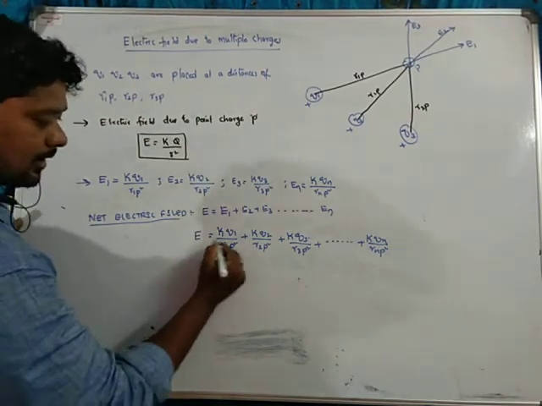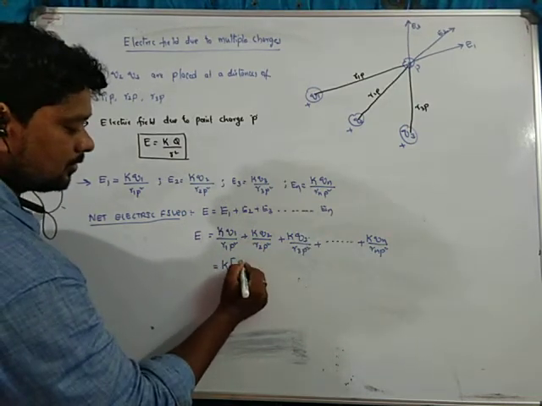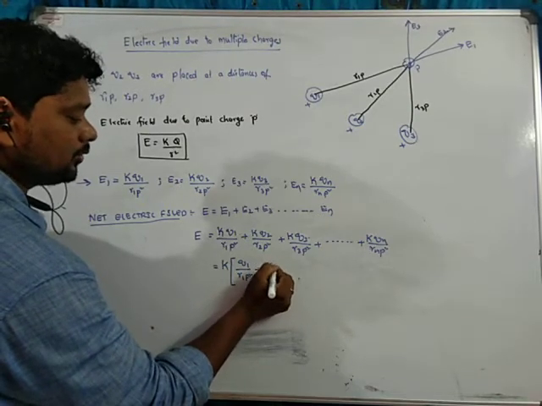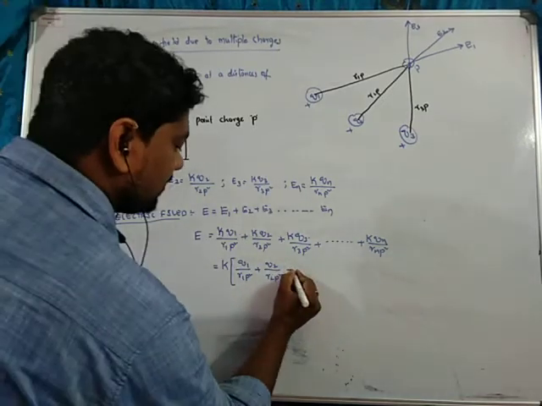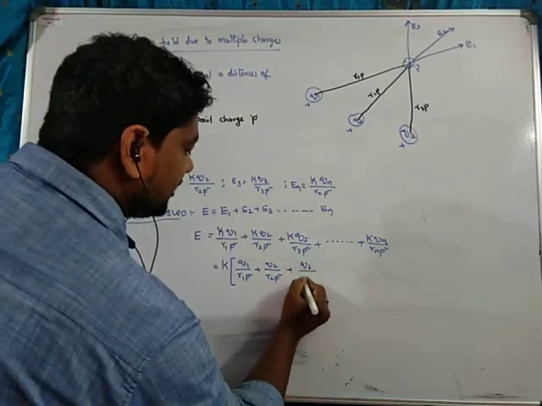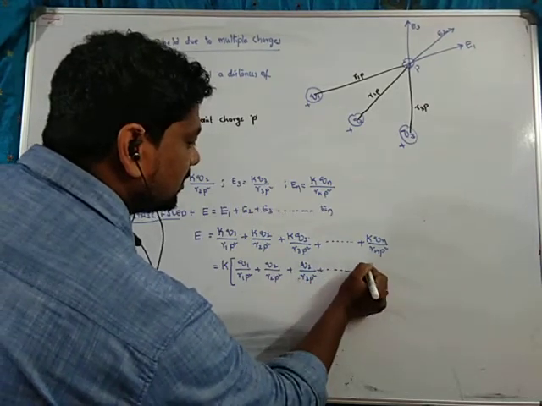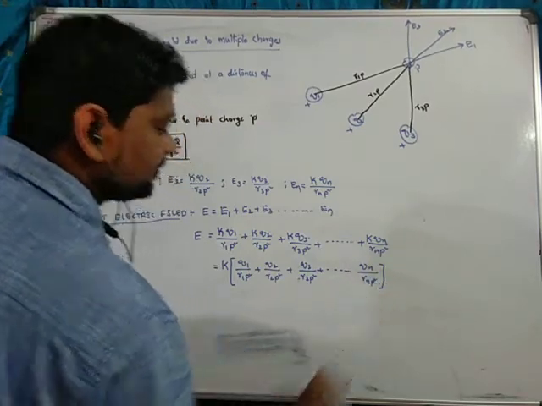Here K is a constant, so K into Q1 divided by R1P square plus Q2 divided by R2P square plus Q3 divided by R3P square, plus and so on up to Qn divided by RnP square.